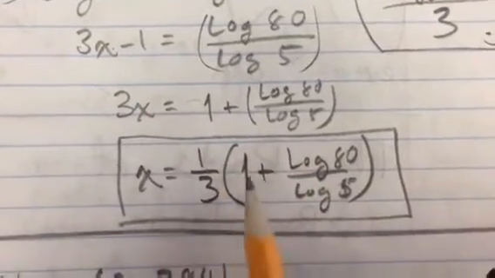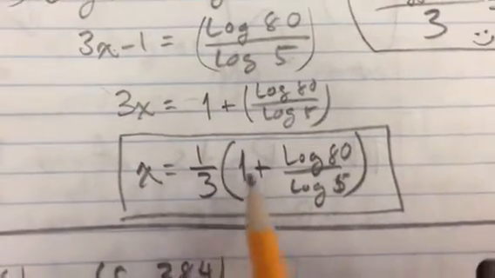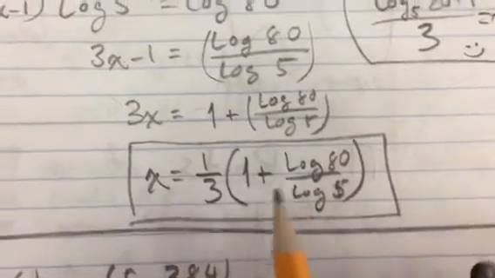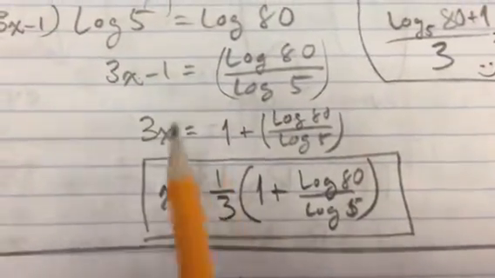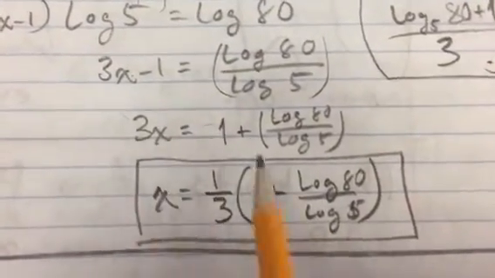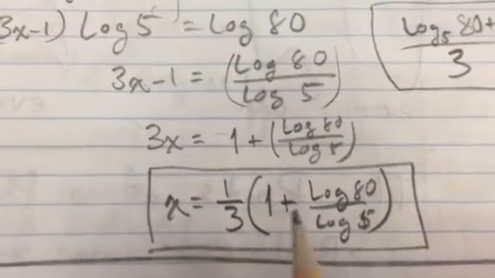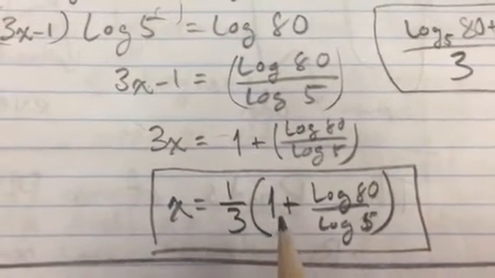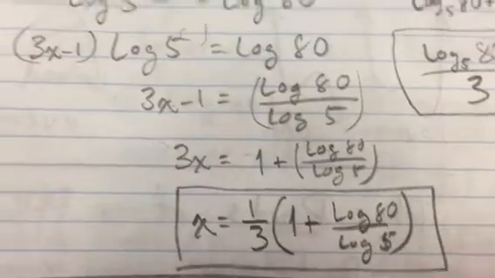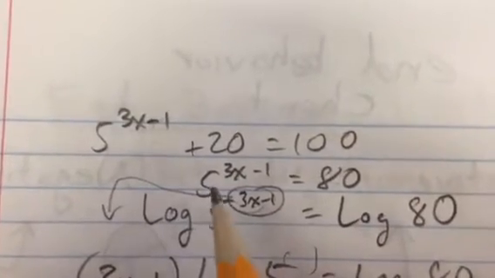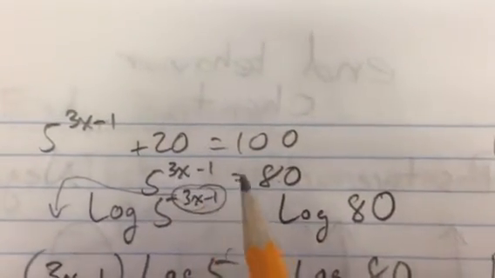I could have used a distributive property. There's a number of other ways this thing could have been simplified out, but I wanted you to see all its moving parts here. To get x by itself looking like this, this would be a very good example of an exact form. However, we could have taken another route altogether. We had this expression right here, 5 to the 3x minus 1 equals 80.